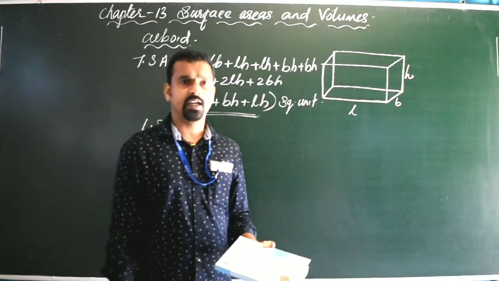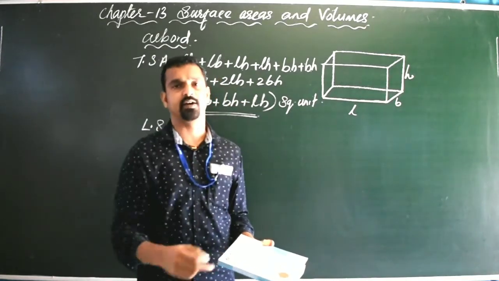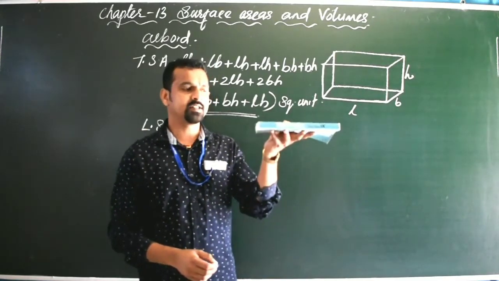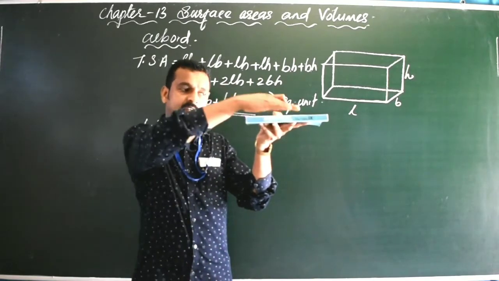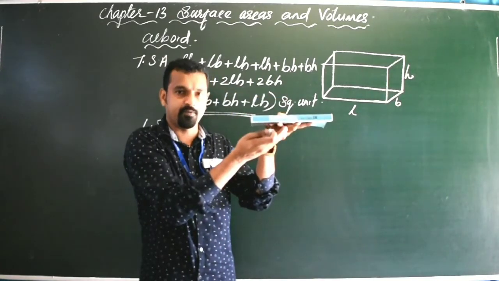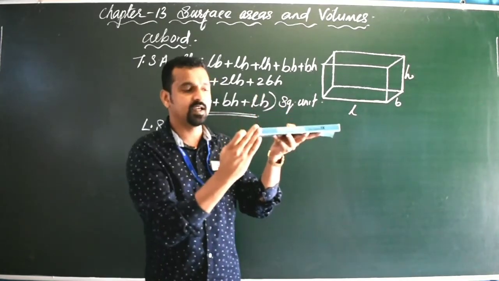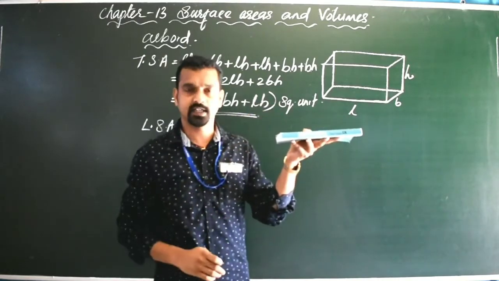So lateral surface area means the area of the 4 walls of a room. Just imagine that this is a room. Then 4 walls means what? This one is the roof and this one is the floor. Now you see, 4 walls means these 4 faces. That is called lateral surface area.